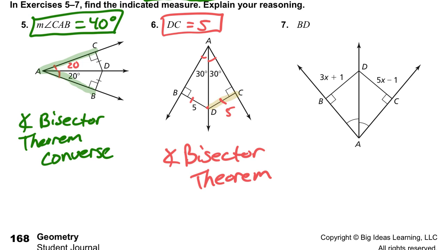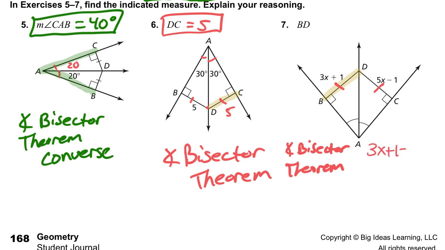And then number 7, find BD. So let's find BD here. Here's BD. What I see is two angles that are congruent, so that means AD is an angle bisector. So if we look at our angle bisector theorem, it says that these two segments up here, BD and DC, should be congruent because D is equidistant, which means we set these two equal to each other.